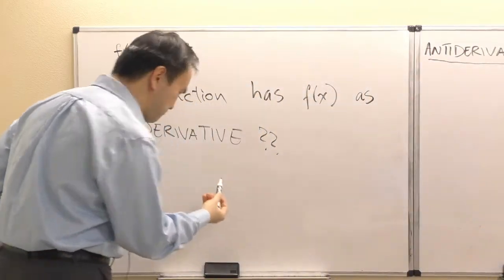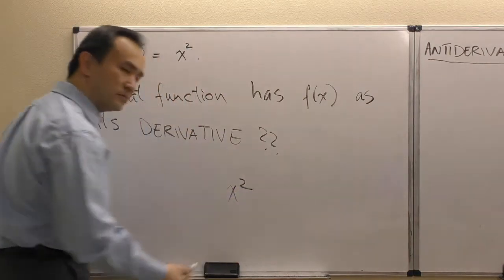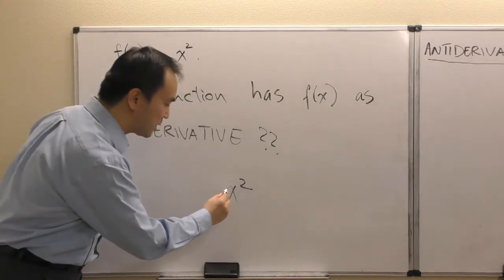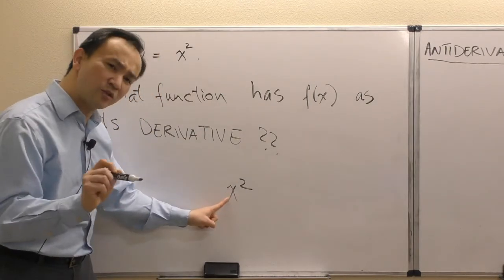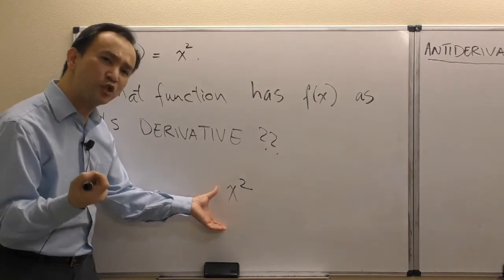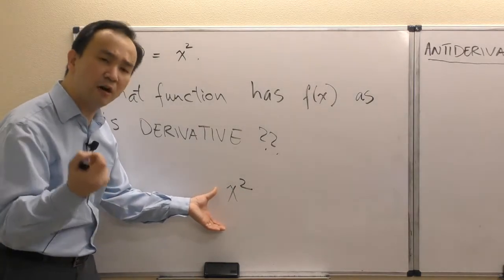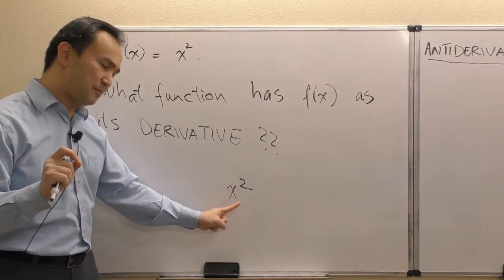Okay, so here's the thing. If x squared is the derivative, think about that. It's a power, and that's the reason I mentioned that a little earlier. If we can recognize the structure of a function, it helps a lot. Our function here is x squared. It's a power function.